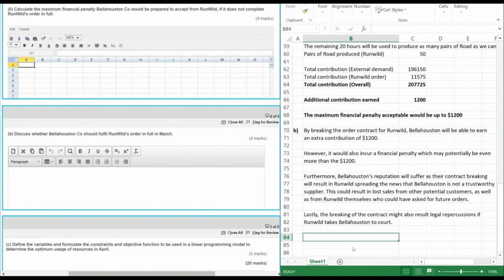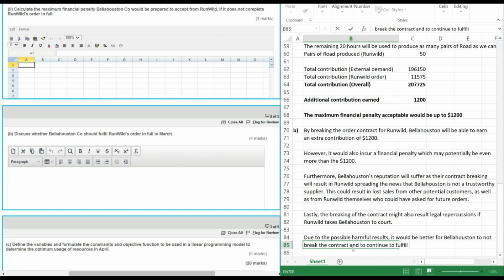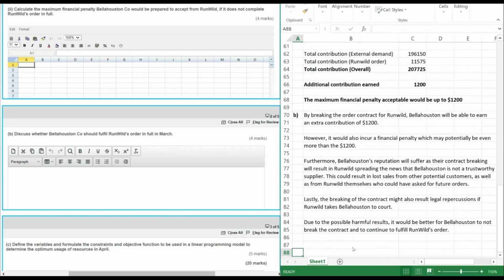So we'll say, due to the possible ramifications or possible harmful results, it would be better for Bella Houston to not break the contract and to continue to fulfill Runwild's order. Okay. So let's move on to part C and quickly wrap that one up as well.